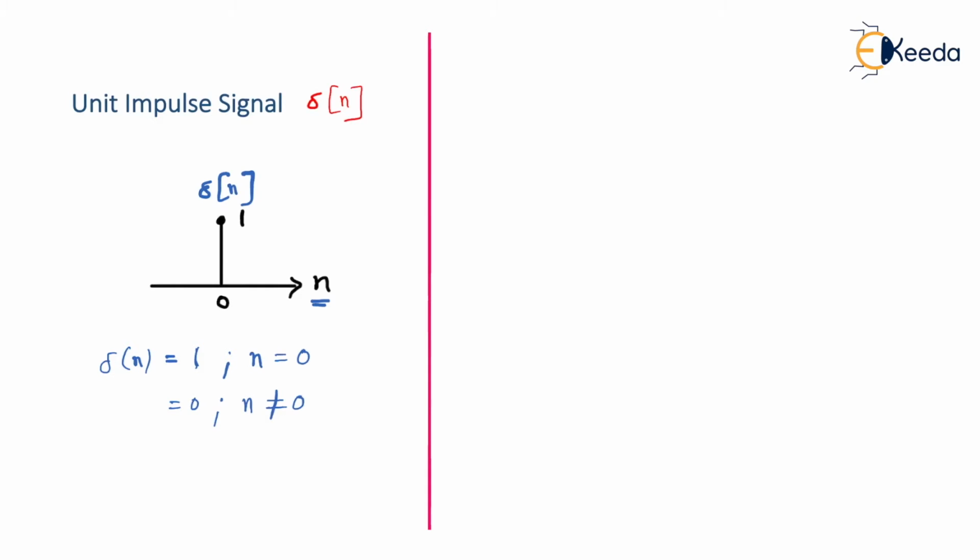Also, we can have a generalized impulse signal like this, that is k dot del of n. I can assume any value of k. Let us assume twice del of n. Then this is a signal present at n equal to 0 having amplitude equal to 2.